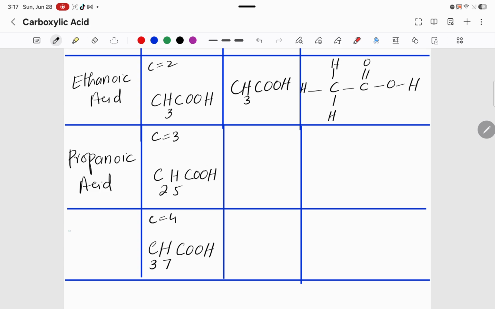Carbon number 4 is butane. We will omit E at the end, add oic acid.